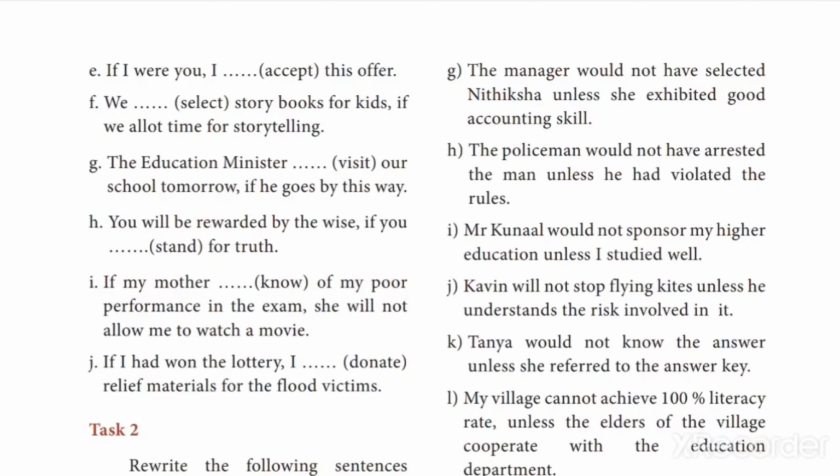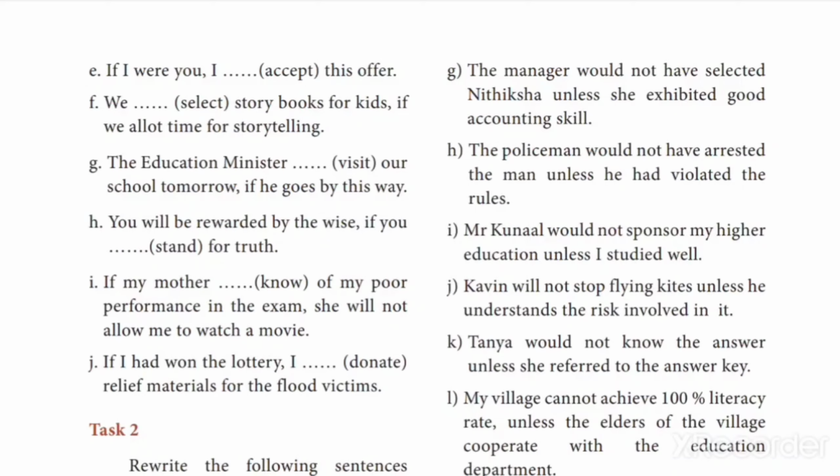So it should be, if he had not violated the rules. So the answer is, the policeman would not have arrested the man if he had not violated the rules.